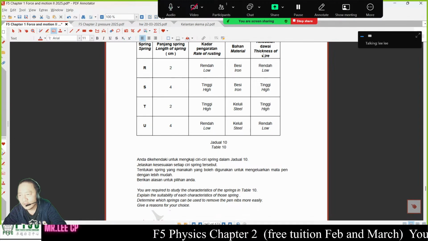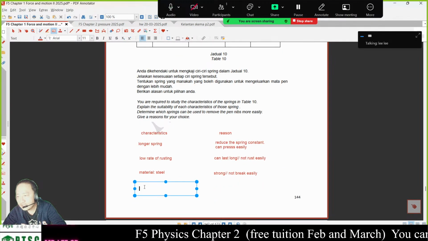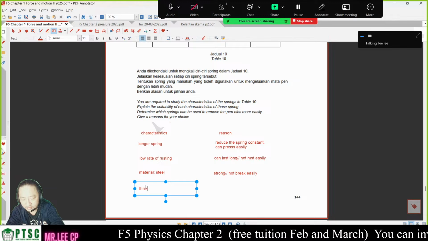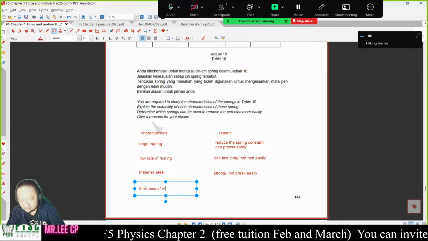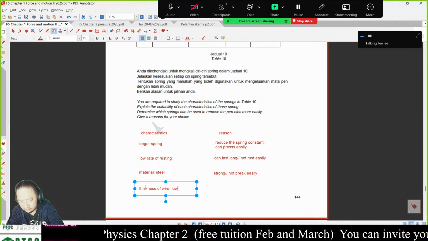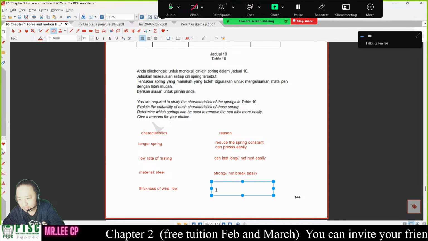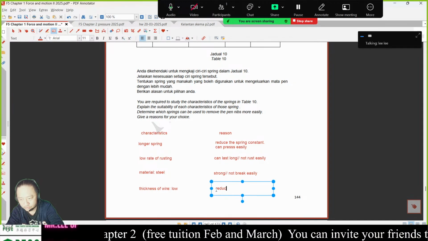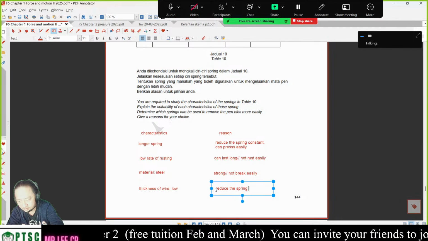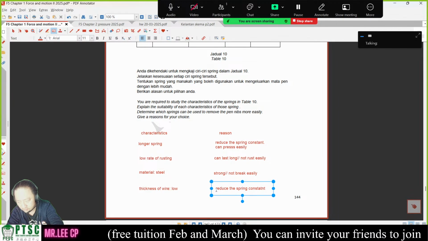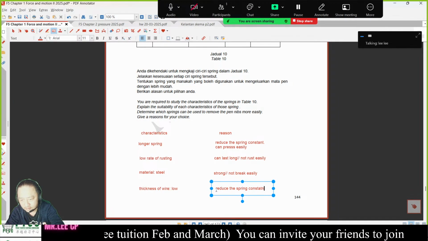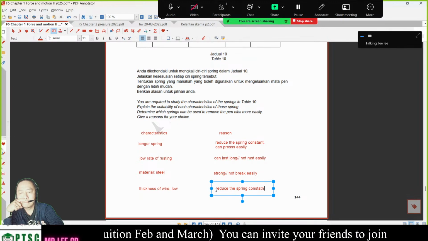Lastly, the thickness of the wire is low. Why is it low?